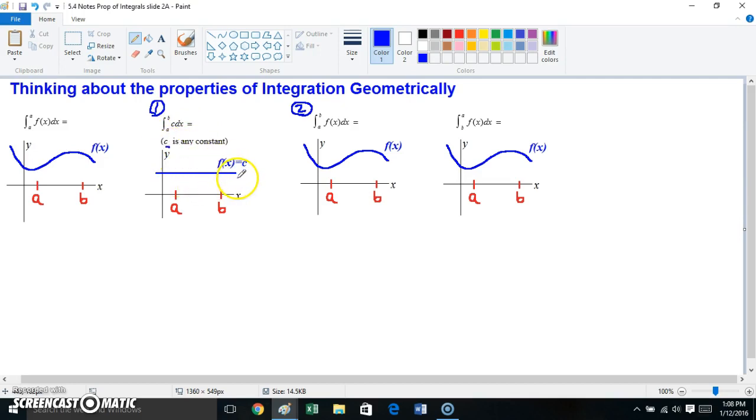So here's a graphical image of the function y equals c, and if we are going to find the area under the curve on the interval from a to b, we are just looking at the rectangle with b minus a as the base times the height of c. So we could call this c times b minus a, or b minus a times c.